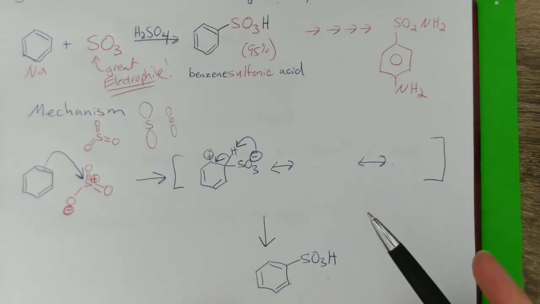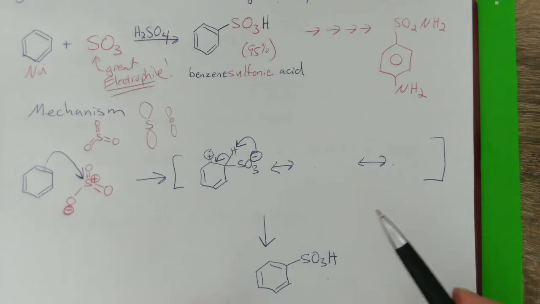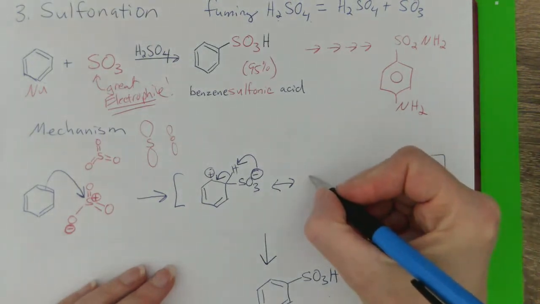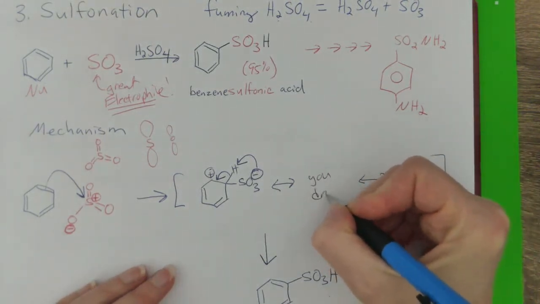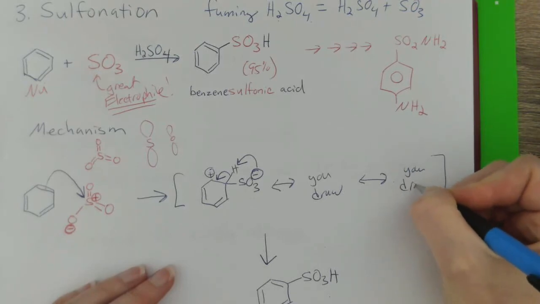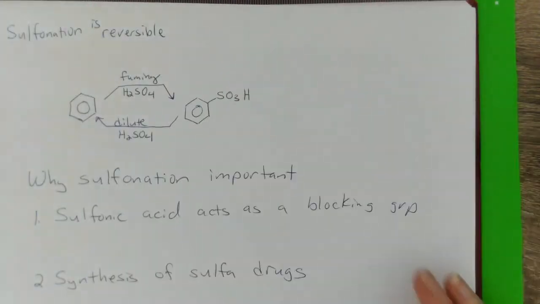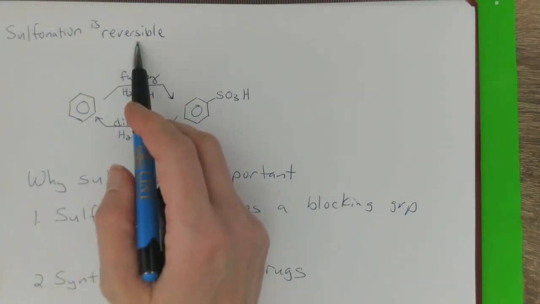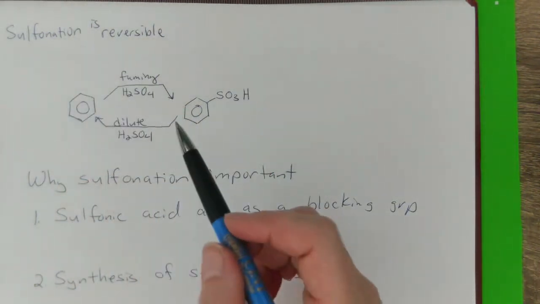And that's different than what we see with like bromine or a nitro group. If we put it on, it's difficult to take off. Okay. All right. So this sulfonation reaction is reversible, and that's really, really useful.